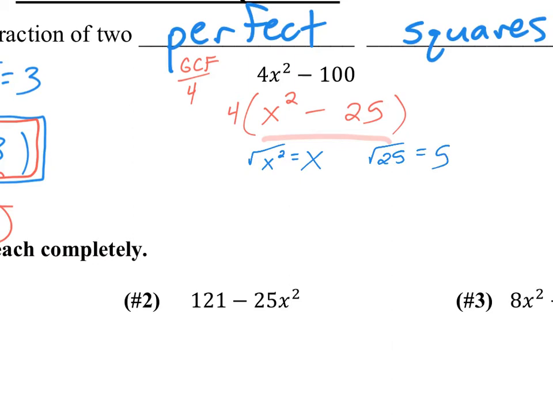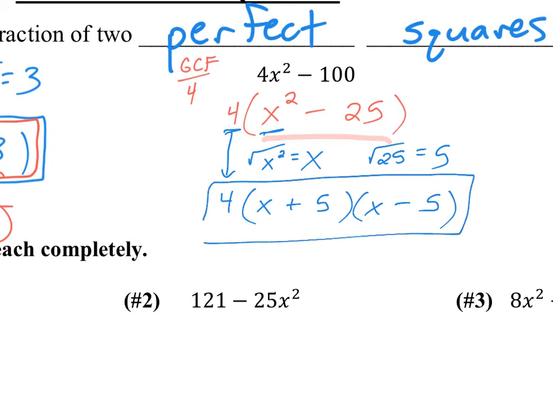So they're perfect squares, which means 2 sets of parentheses. X goes first, because x times x is x squared. The 5 goes second, because 5 times 5 is 25. And we have a plus and a minus. The only difference is we have to bring down our 4. So we end up with 4 times x plus 5, x minus 5.